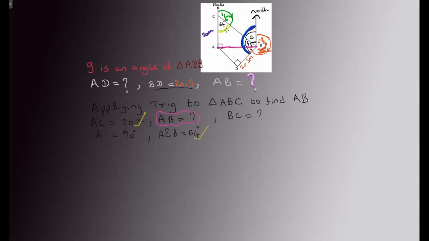So what is AB in relation to this 64-degree angle? It is the side opposite to 64. So AB is opposite. Closer to AB, within brackets, we'll write O, opposite.